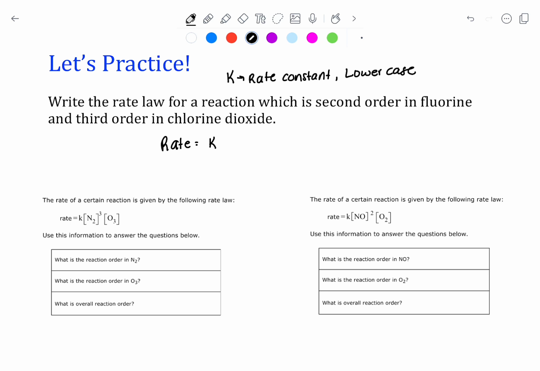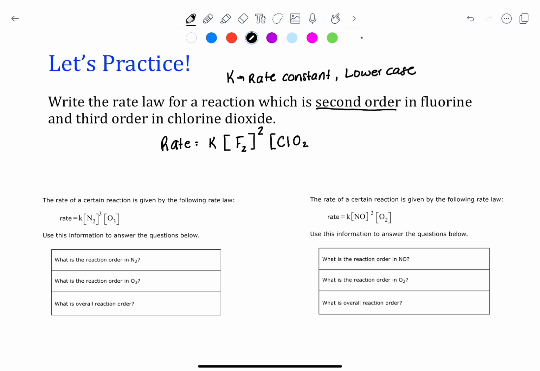So we know that we're going to have fluorine, which in its elemental state, when it's just fluorine, is F2. Those are things we have to remember from Gen Chem 1. So fluorine is F2, and it is second order. If it's second order in fluorine, then it is raised to the 2. Then we have chlorine dioxide, ClO2, right?